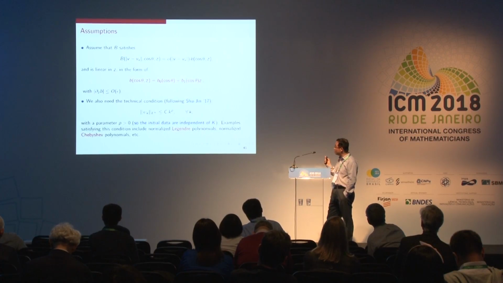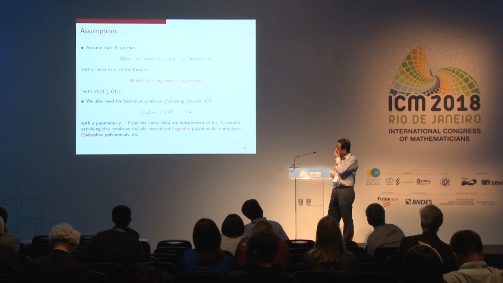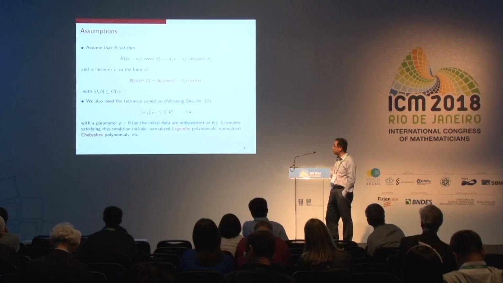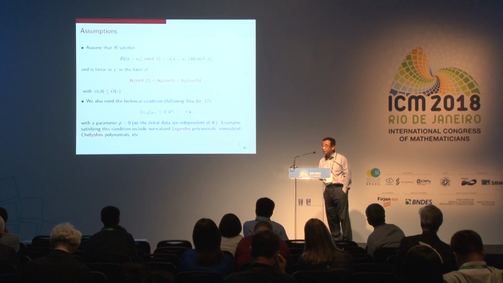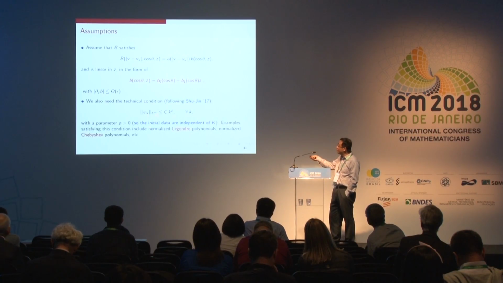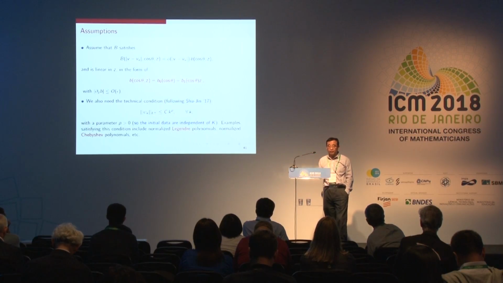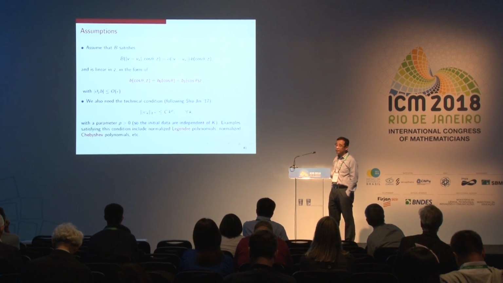It works for at least two cases. One is the Legendre polynomial, the other one is Chebyshev. One is for p equals 0, the other is p equals 1/2. I forgot which is which, but we have some examples. But not all polynomials satisfy this condition. Also, for this condition to be satisfied, z has to be in a bounded set. So there are some constraints in this analysis.